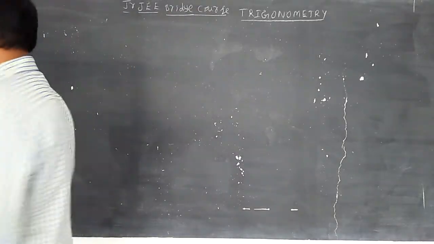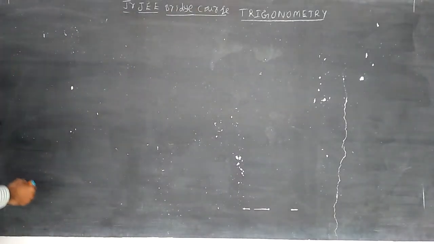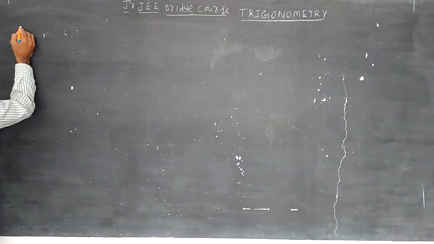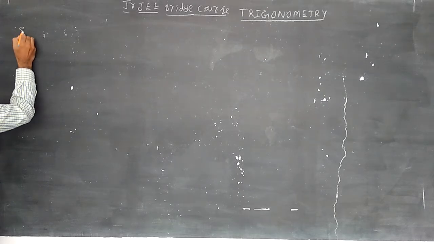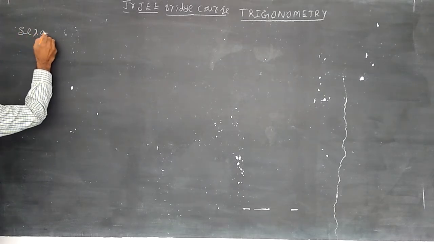Now, how to calculate the trigonometric values, the relation we can write. First, the sexagesimal system.